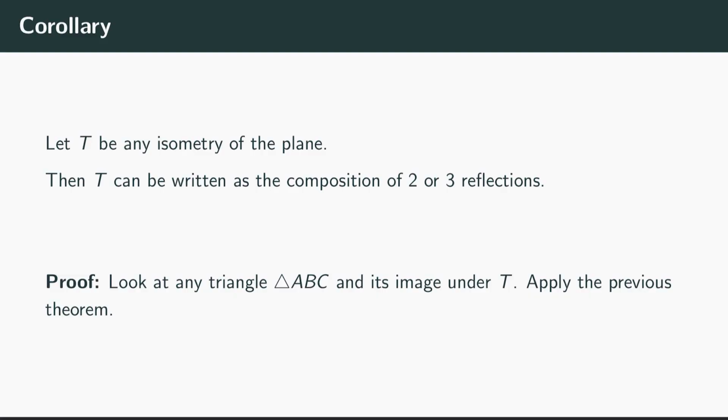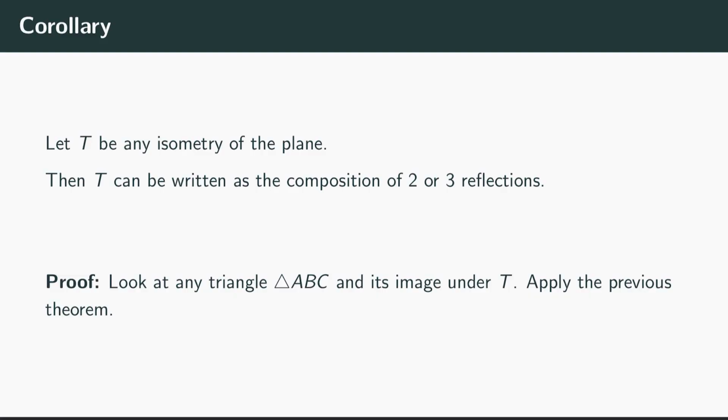Okay, so let me quickly tell you about a corollary, and then I'll illustrate this construction with a little bit of GeoGebra stuff. Okay, so the corollary is if T is any isometry of the plane, then it can be written as the composition of either 2 or 3 reflections.